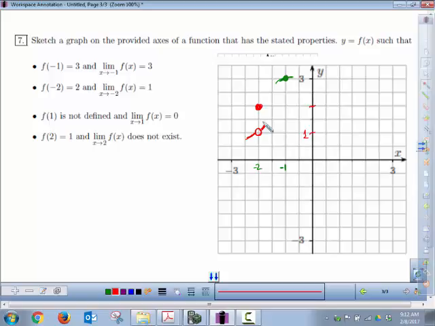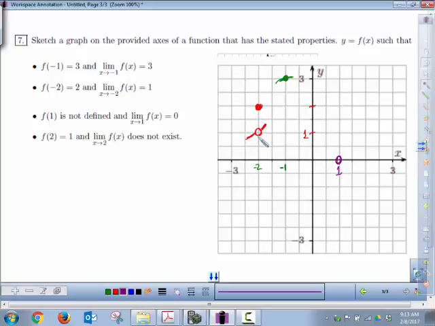The next one, f of 1 is not defined, but the limit as x approaches 1 should equal 0. So if the limit exists but it's not defined, it'll be like that circle. So at negative 2, the limit does exist, and it's defined, but it's defined somewhere else.